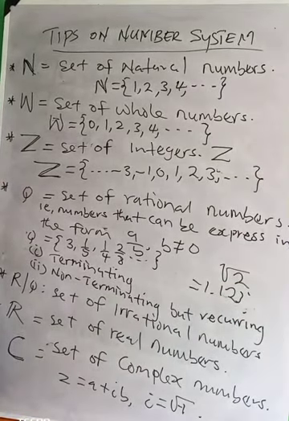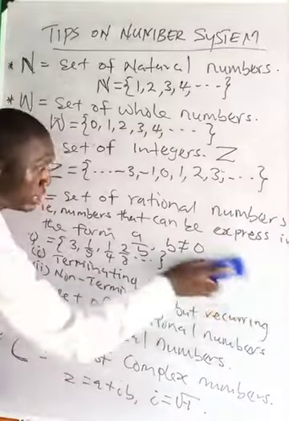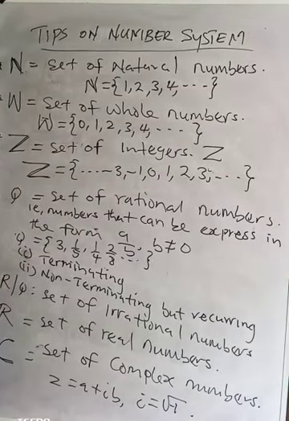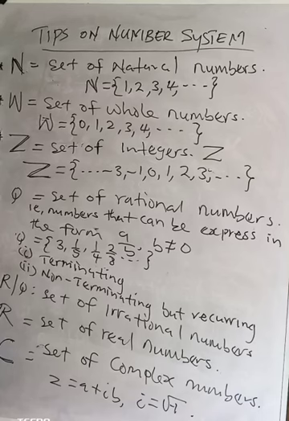Never ends, and does it even repeat itself? All right, different numbers coming up and all that. So we refer to them as the set of irrational numbers.